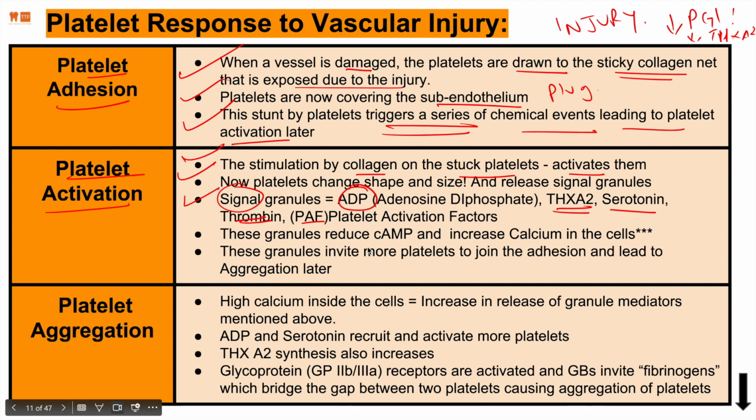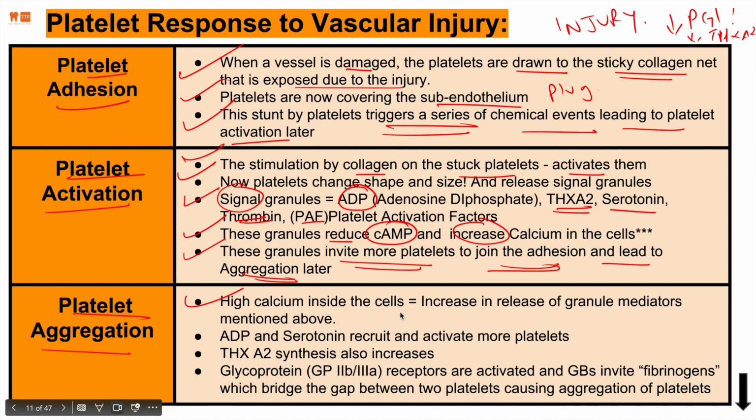These granules ultimately reduce the cyclic AMP. Therefore, of course, they will increase the calcium in the cells. And as soon as calcium increases in the cells, they invite more platelets to join the adhesion and, of course, lead to aggregation. Fair enough? Following so far, you guys? Perfect. Platelet aggregation.